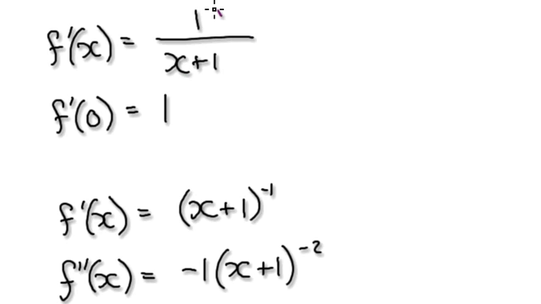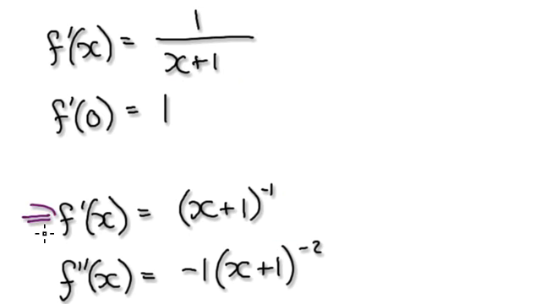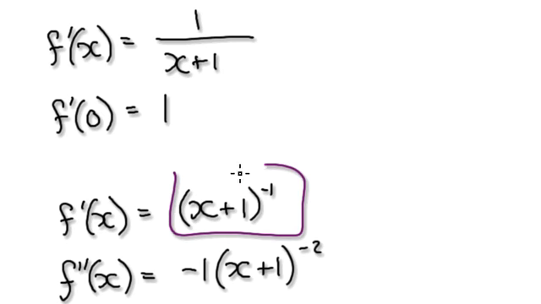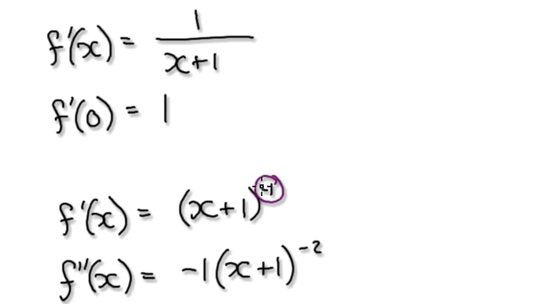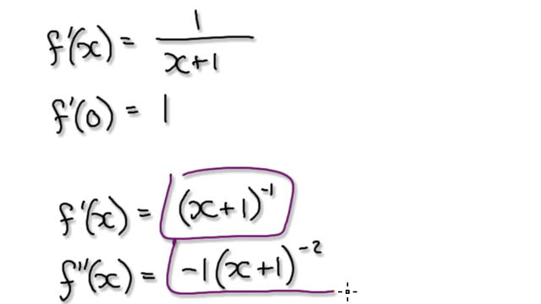So rewrite this as this to the power of -1, and then we can differentiate. When you differentiate this, the -1 goes down, and the power itself gets reduced by 1. So when you differentiate this, it will give you this.